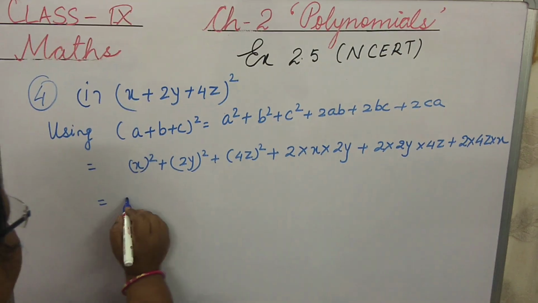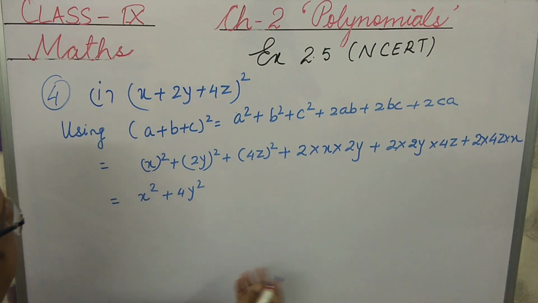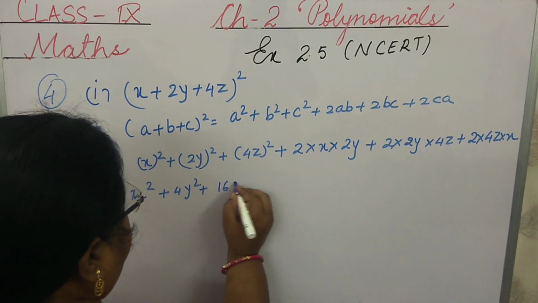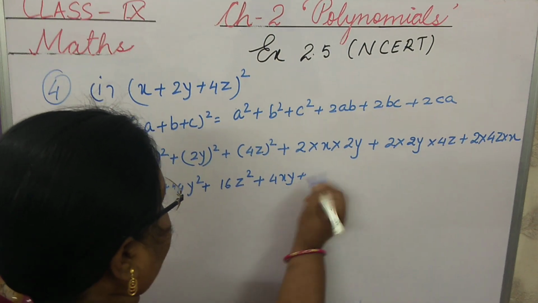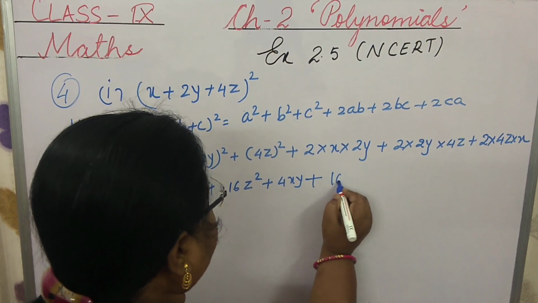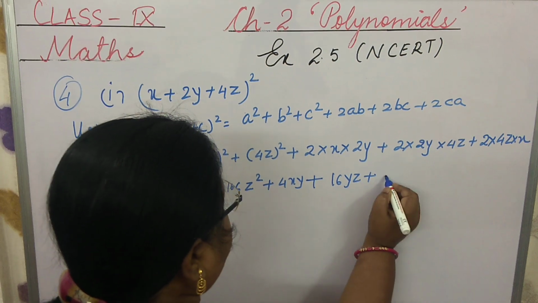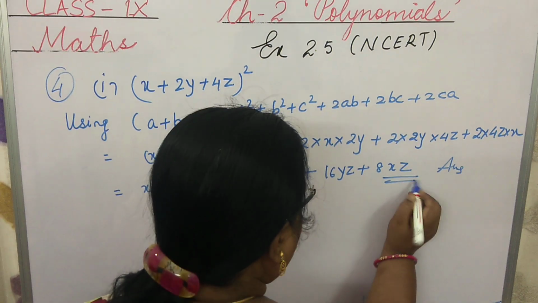So we'll just solve it. x square plus 4y square, you have to just expand it, plus 16z square plus 4xy plus 2 4s are 8, 2 2s are 4, 4 4s are 16, so 16yz plus 8xz. So this is the required answer.